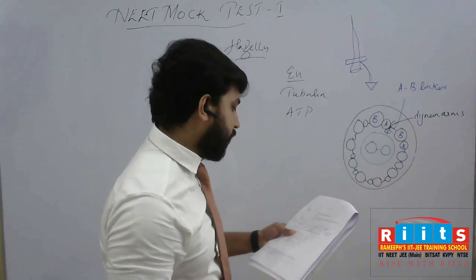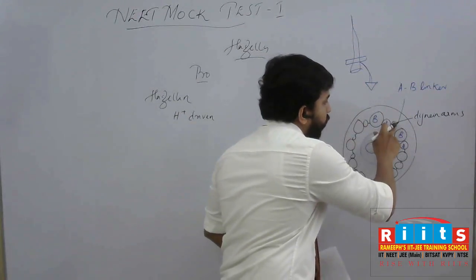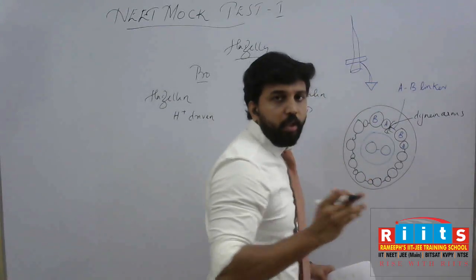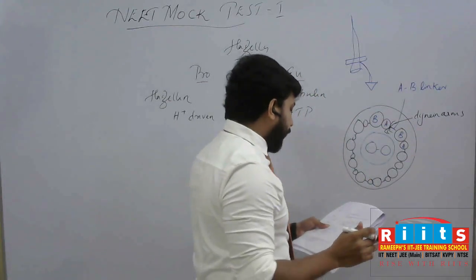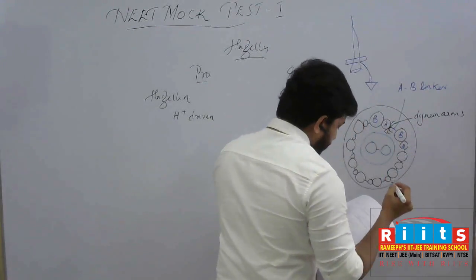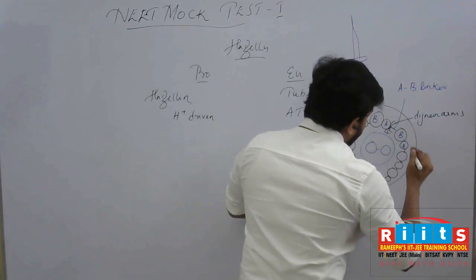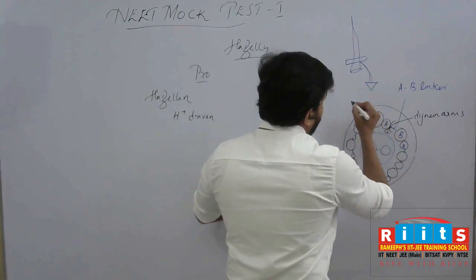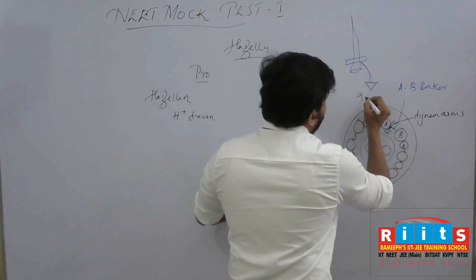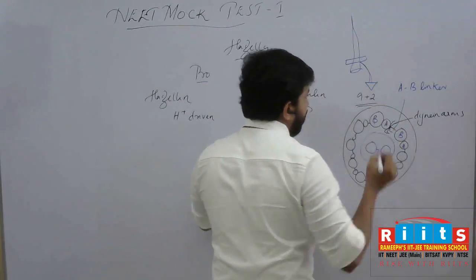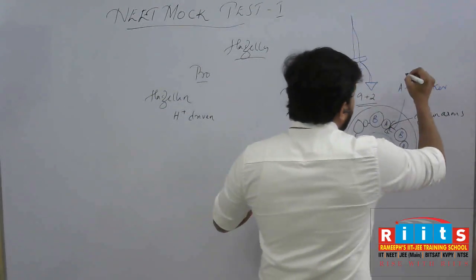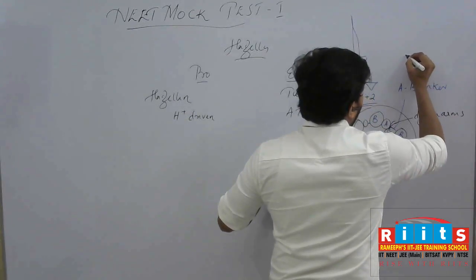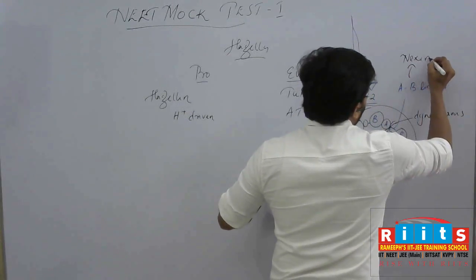There is an outer arm and an inner arm, which you already know. Then it consists of the central 2 microtubules, that is the 9+2 arrangement, and this AB linker is made up of a protein called nexin.